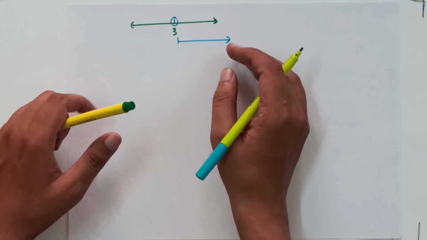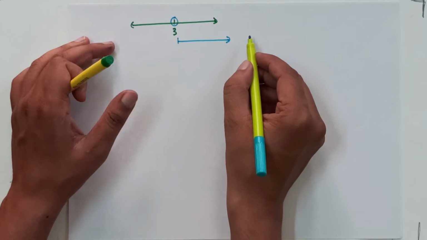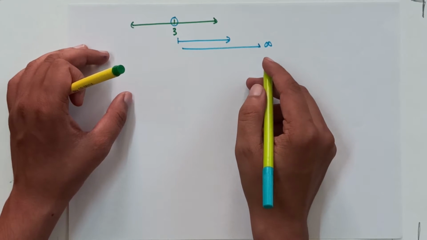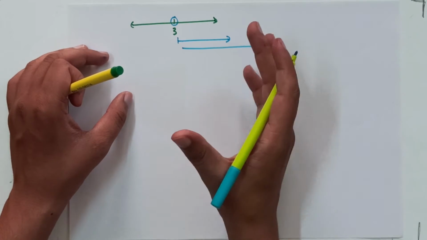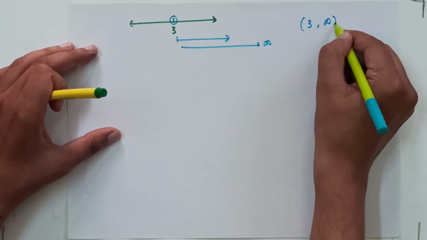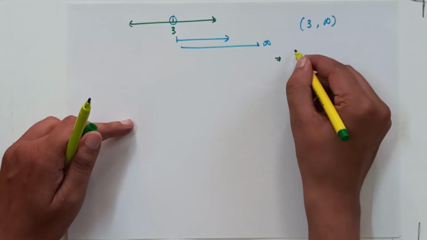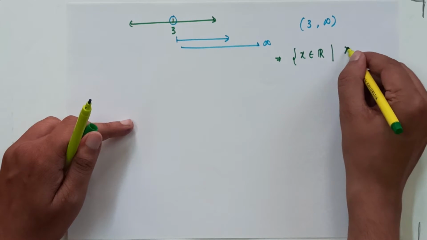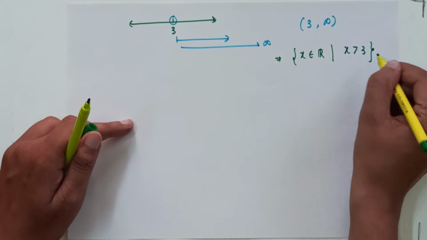Now imagine covering the whole real line all the way towards the right, towards infinity. We will get an infinite interval to the right denoted by (3, infinity). If I want to write the solution set, that will become x is an element of R such that x is greater than 3.